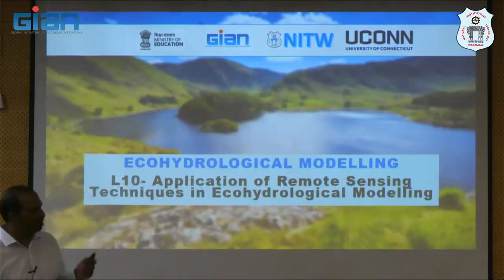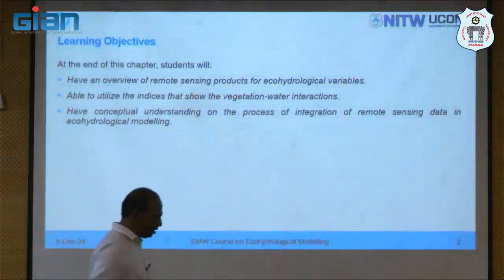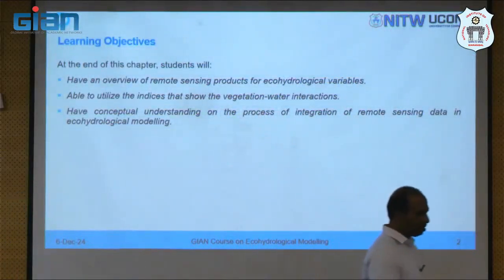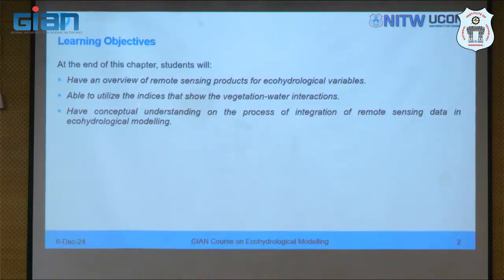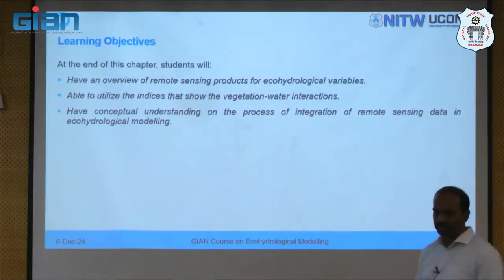That's what we start work with. So coming back to the lecture outcomes, you will have an overview of remote sensing products for eco-hydrological variables. We have a list. We'll be able to utilize the indices that show vegetation-water interactions. Some of the indices you might already be knowing. Have a conceptual understanding on the process of integration of remote sensing data in eco-hydrological modeling. Okay.